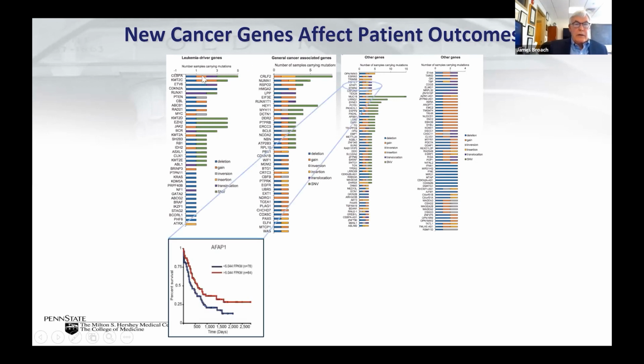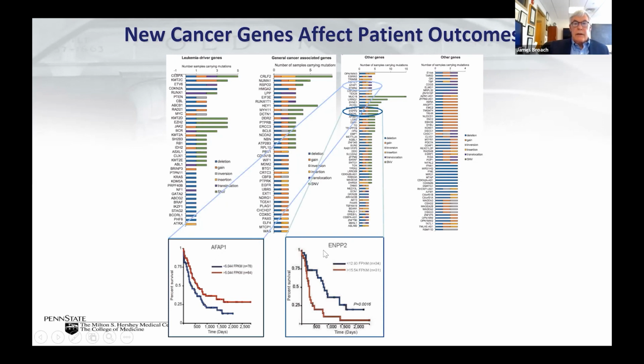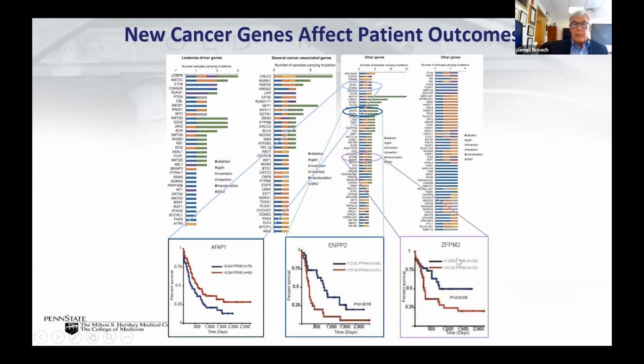And in fact, besides finding genes affected in multiple cases that were previously known leukemia driver or general cancer genes, we also found novel genes that had not been associated either with leukemia or with cancer, including AFAP, ENPP2, and a zinc finger protein, which when we go back to the TCGA database on AML, we find that expression levels of these three genes do indeed have a prognostic value, suggesting that these novel genes that we're finding as being affected by structural variation may in fact have some prognostic value.